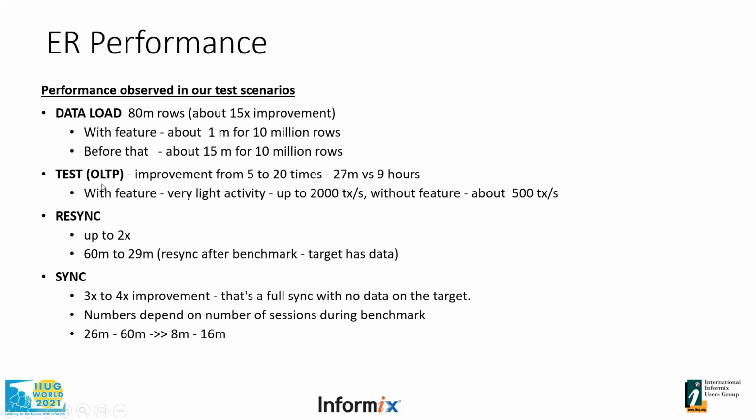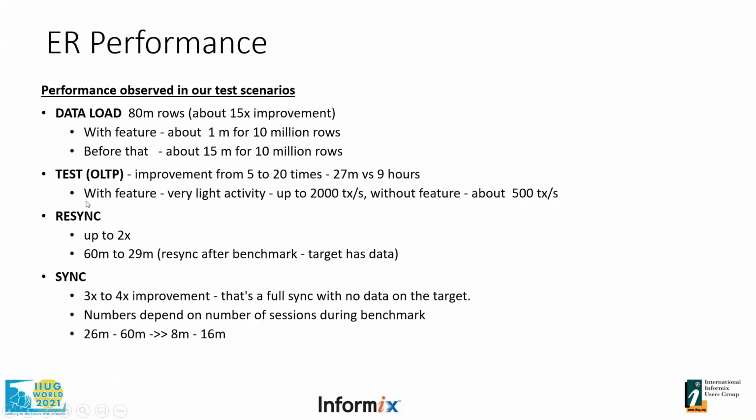For the OLTP aspect, with some light DML activities, earlier it was just 500 transactions per second replicated to other peers, but now it has improved up to 2,000 transactions per second, which is tremendous.